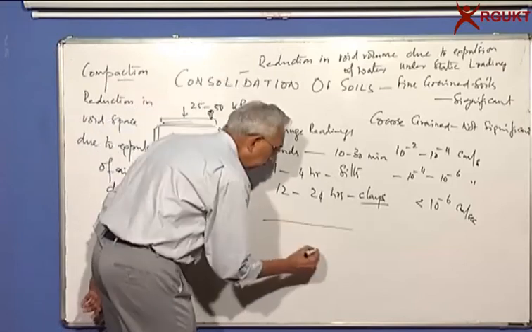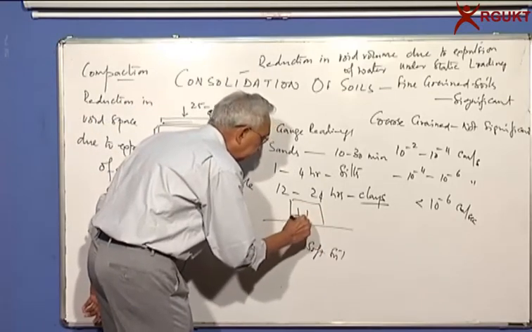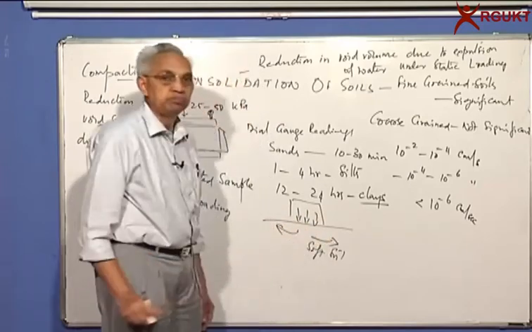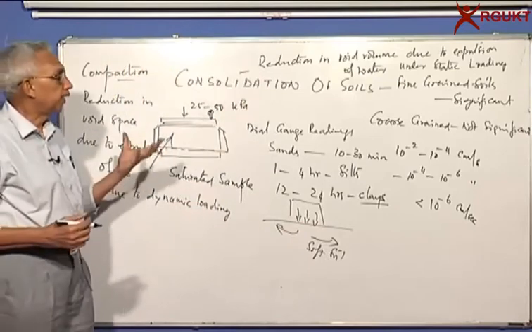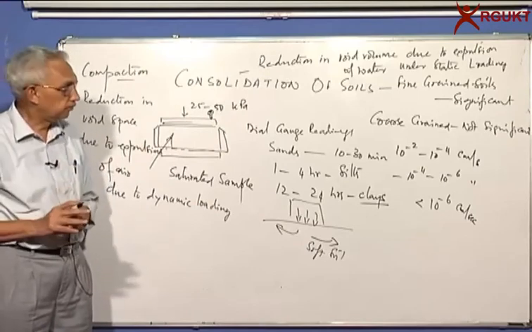When I have soft soil here and I construct something, because of this load, the water from here will try to escape, and that leads to the phenomenon of consolidation. Whereas compaction is removal of air and the densification that follows from there.